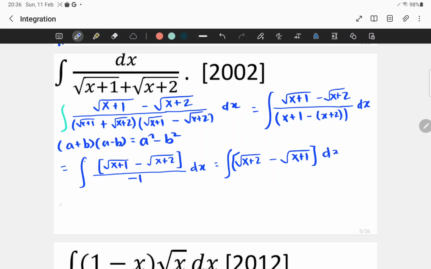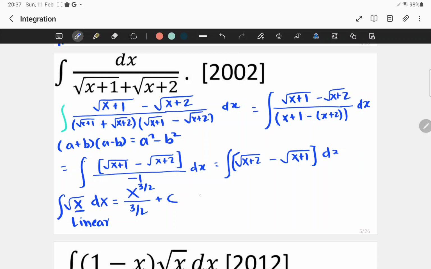We remember integration of root x dx is x to the power 3 by 2 over 3 by 2 plus c, and we have to remember this should be a linear function, no square, cubic, sine, cosine, just linear.